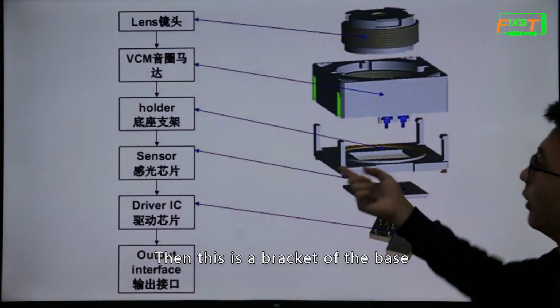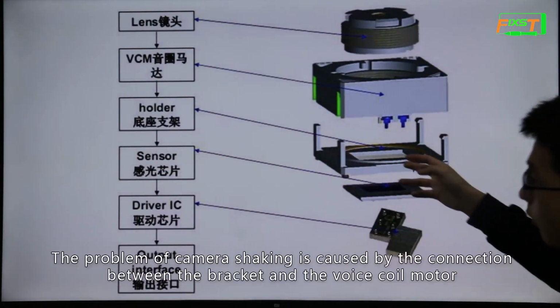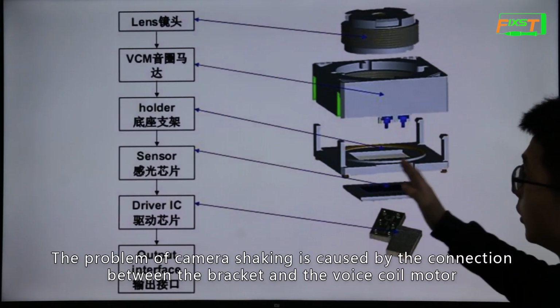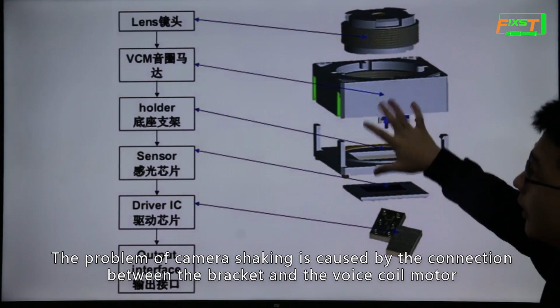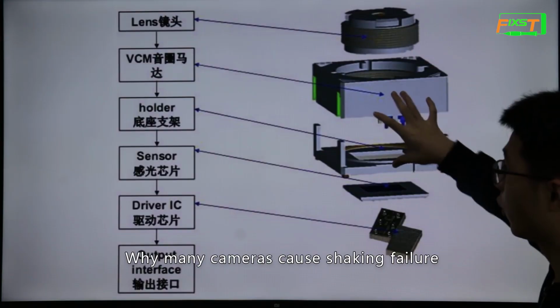Then this is the bracket of the base. The problem of the camera shaking is caused by the connection between the bracket and the Voice-Coil motor. Why do many cameras suffer shaking failure?